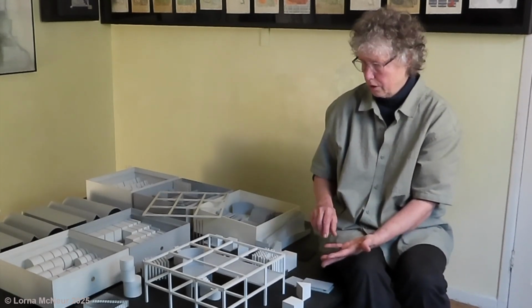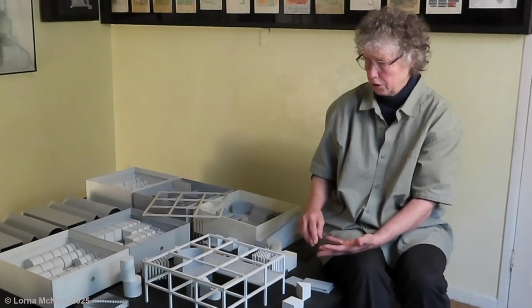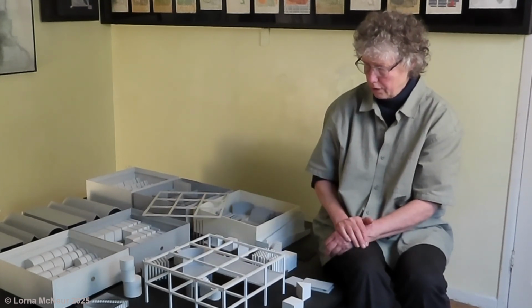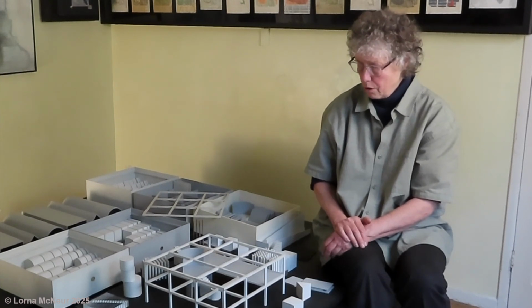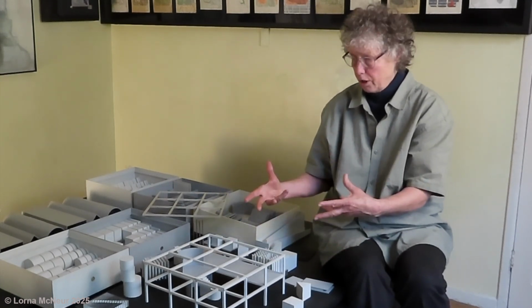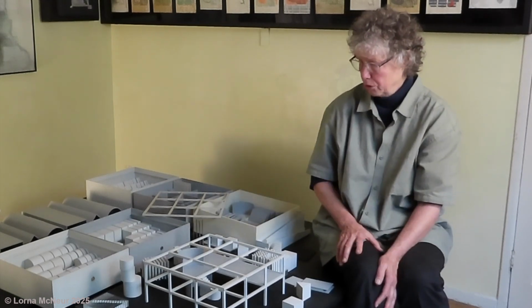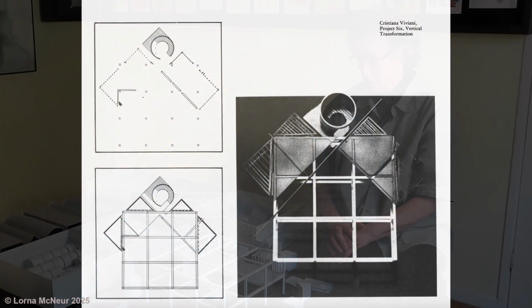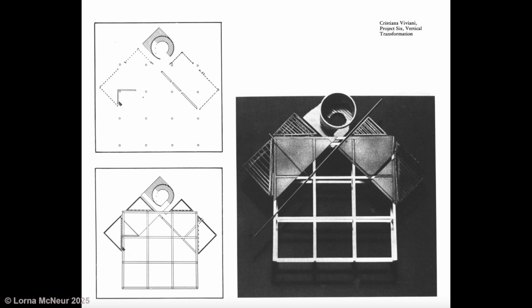So you're looking at construction, structures, detailing, and spatiality and human inhabitation. So it's a number of different levels and layers of architecture embodied in this seemingly simple tool, which gets more and more complex over time, till at the end of the year, a student is making something that is looking very much like a building.